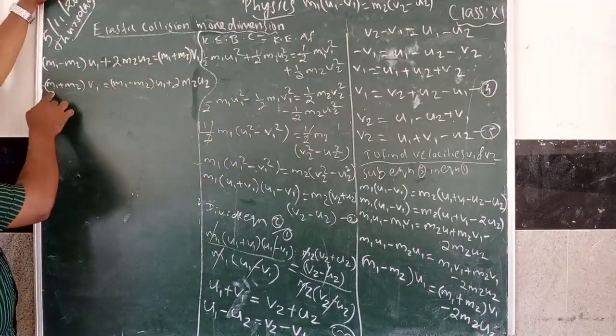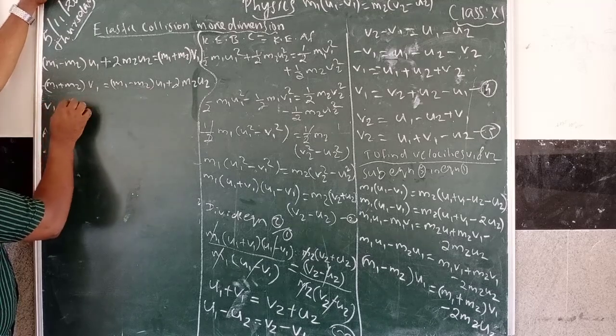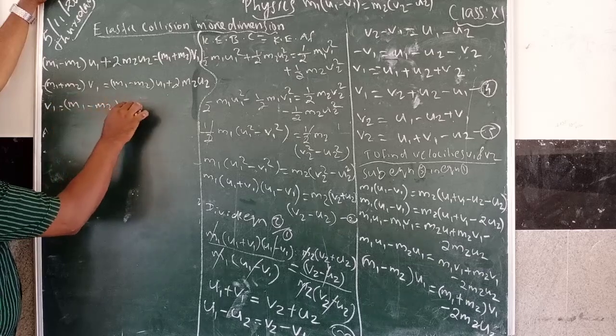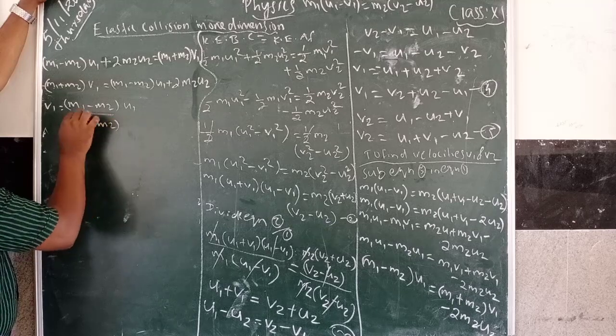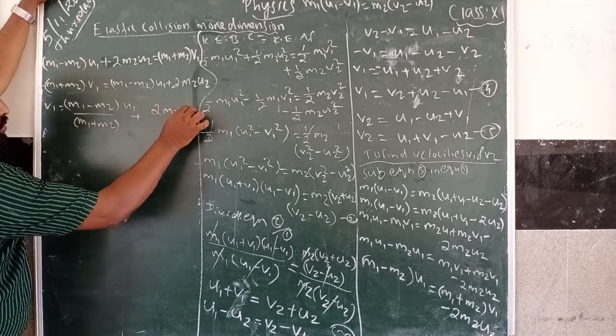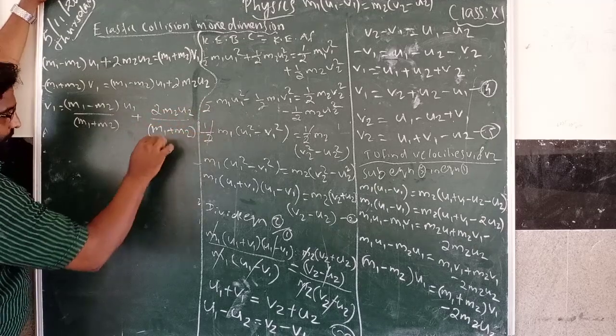Now you take this down here, so V1 is equal to (M1 minus M2) U1 divided by (M1 plus M2) as well as plus 2 M2 U2 divided by (M1 plus M2).